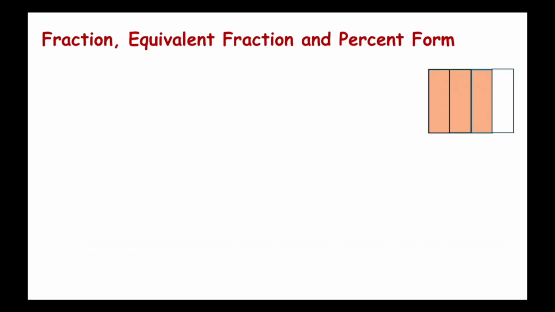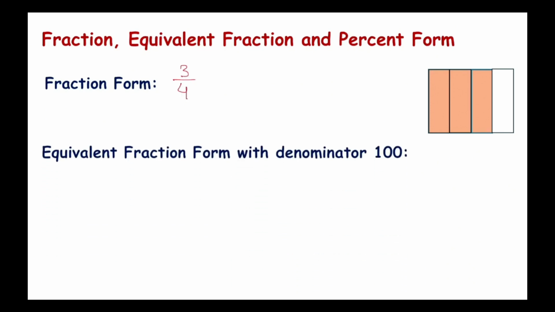Here we will see one more example. I have taken one rectangle which is equally divided into 4 parts and 3 parts are shaded. How can we write the fraction form for this? 3 over 4. Now how can we convert this 3 over 4 into an equivalent fraction with denominator 100?